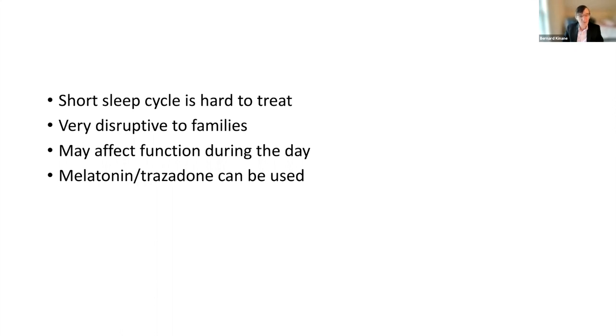And more and more, the standard is to start with melatonin. And if that doesn't work, to go to a medication such as trazodone. Now, this really should be done with a sleep expert, and particularly somebody who is familiar with autism and autism sleep practices, because it's a very specialized area.